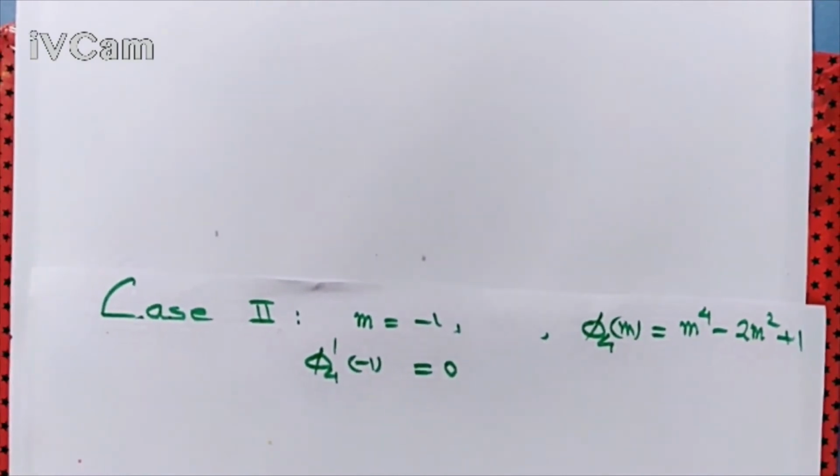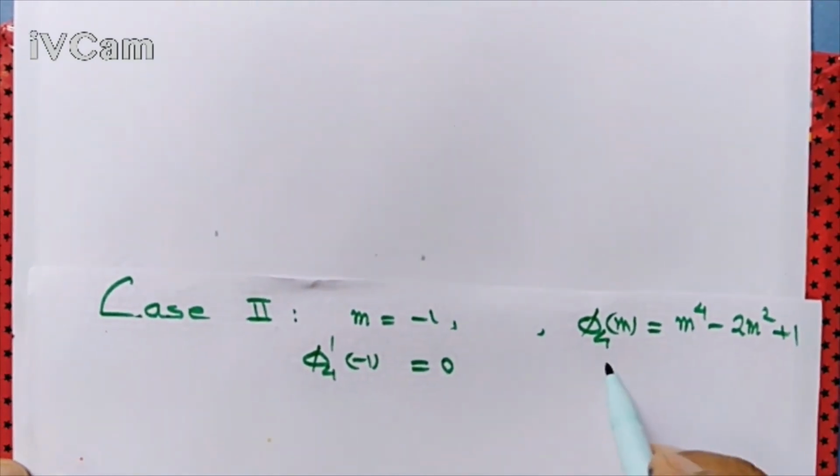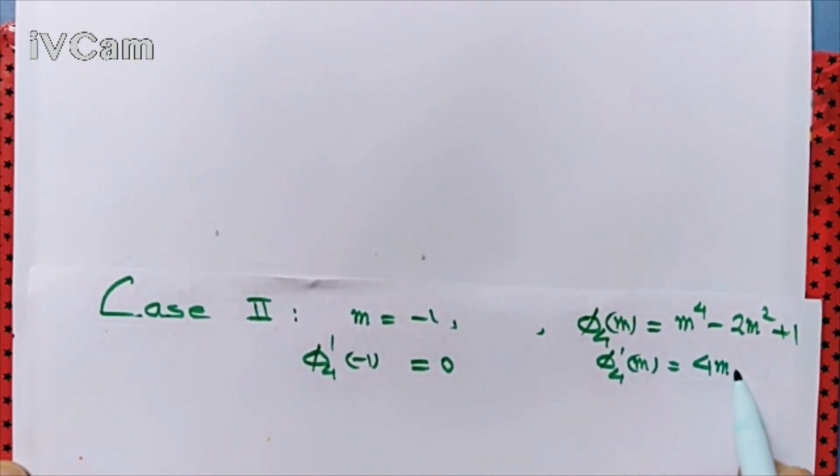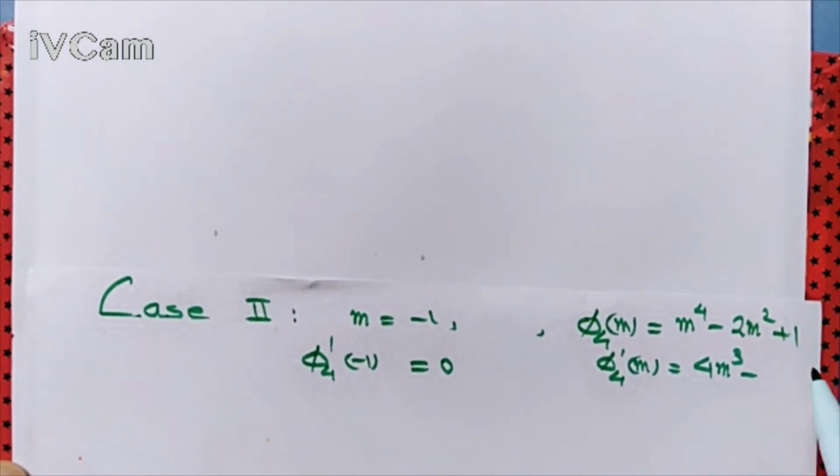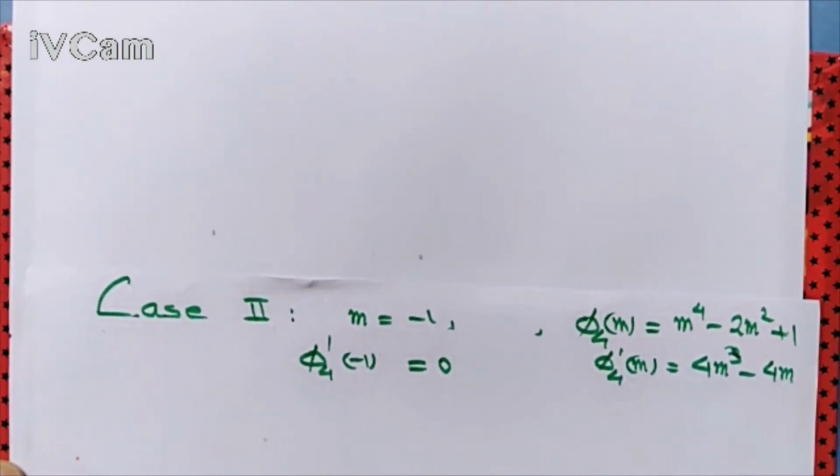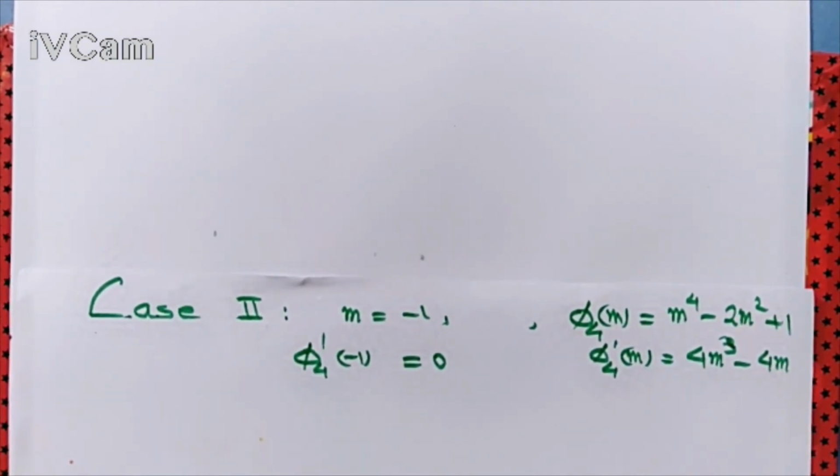If you differentiate it, you'll get phi 4 dash m equal to 4m cube minus 4m. If you take m equal to minus 1, then this will be minus 4 and it will be plus 4. So minus 4 plus 4 will give you 0.